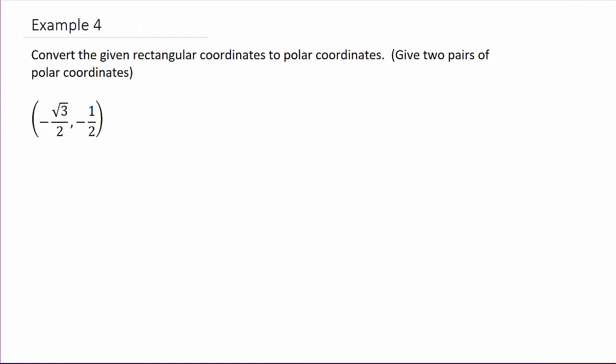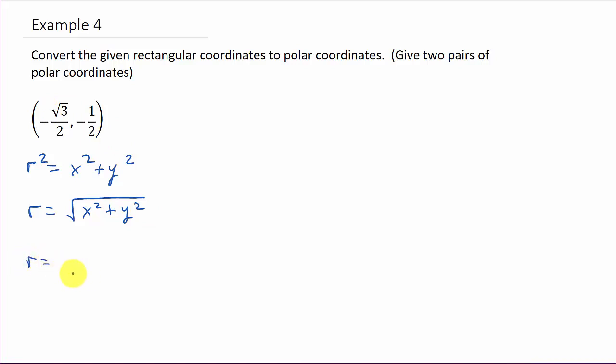Alright, so let's look at example 4, converting from rectangular coordinates to polar coordinates. We've got to find r and we've got to find theta. So remember, r squared is equal to x squared plus y squared, so r is equal to the square root of x squared plus y squared. Let's plug these in.